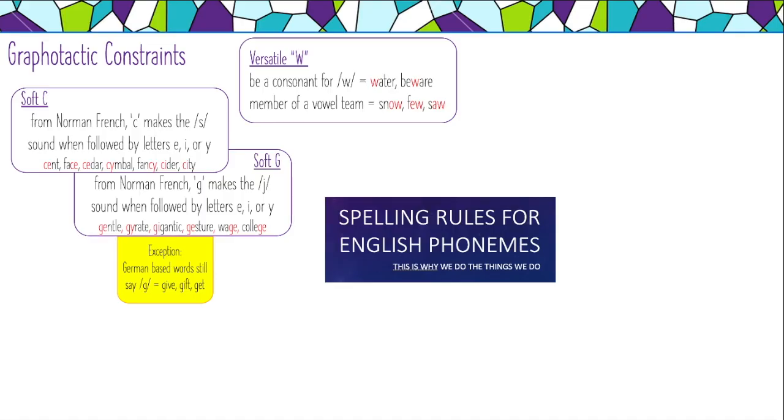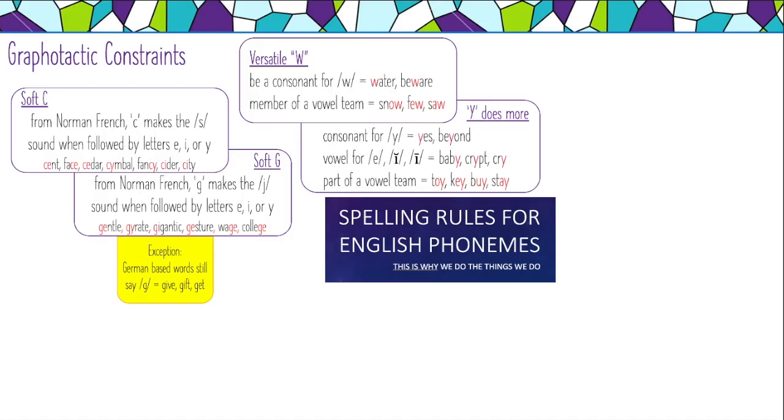So as a consonant sound, you can teach them that when you see a W, it's going to be W because it's at the beginning or the middle. If you happen to see it at the end, not necessarily always right behind a vowel team, but at the end is my biggest hint, it's going to be a member of a vowel team. It's not going to say W. So that's a good decoding hint to give them.